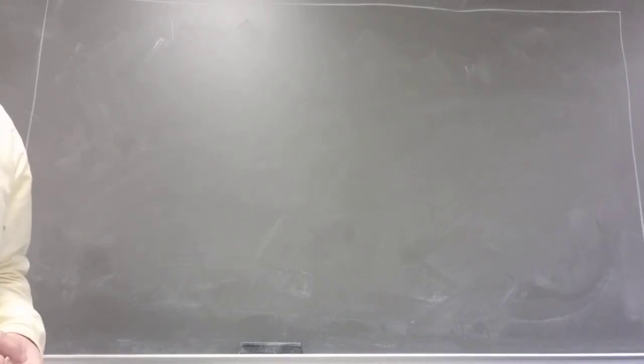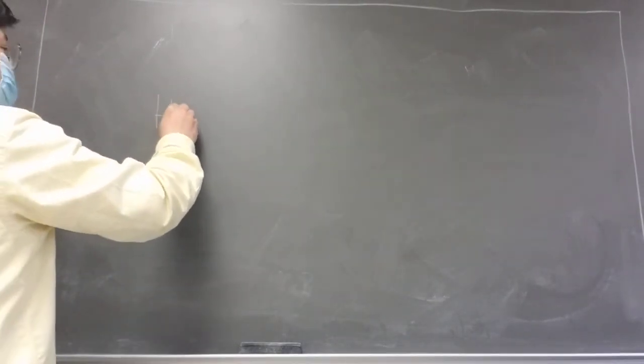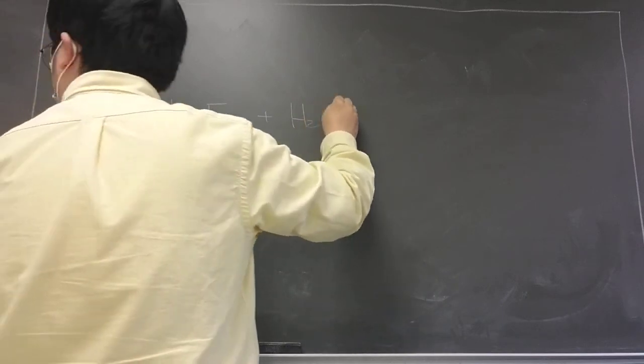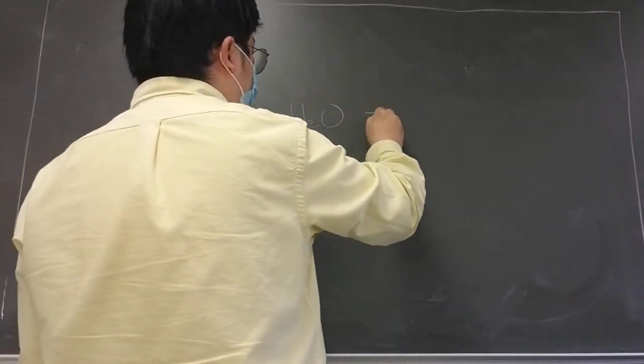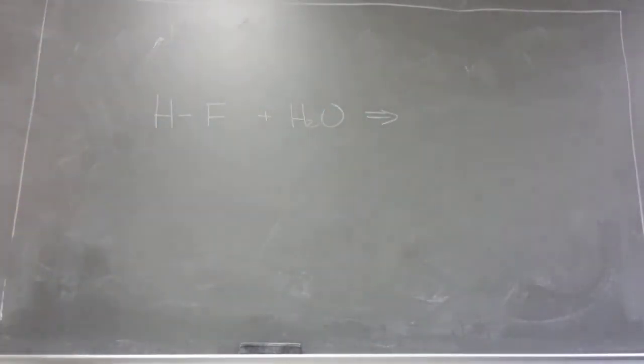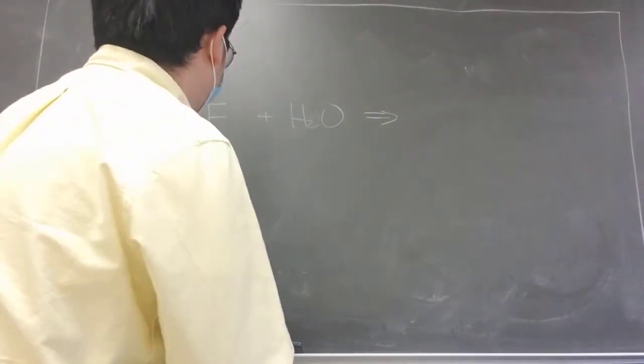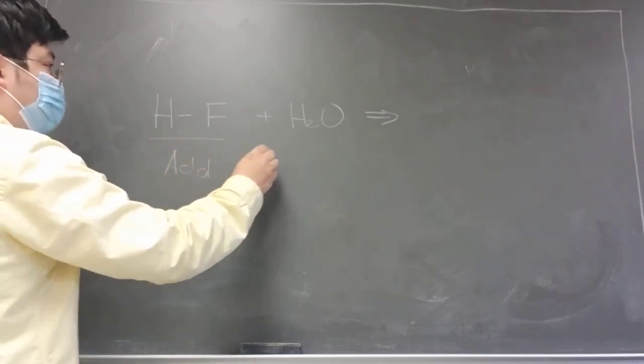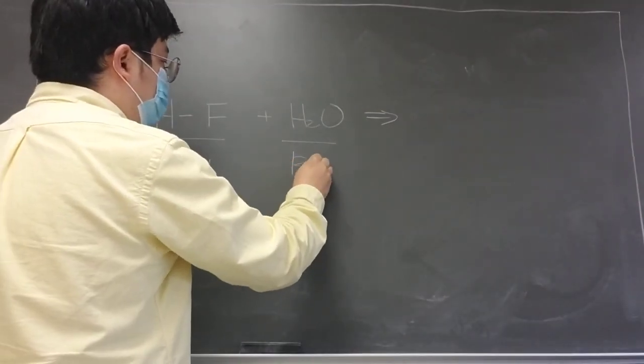So here's the thing. Whenever you have hydrofluoric acid interacting with water, if they're going to interact with each other, maybe you can say this is the acid here and we have water as the base.